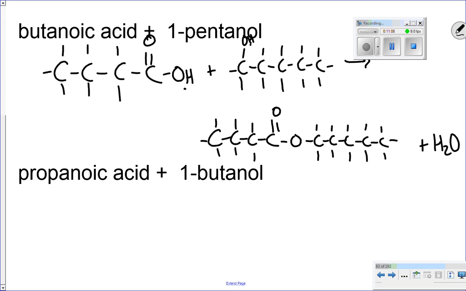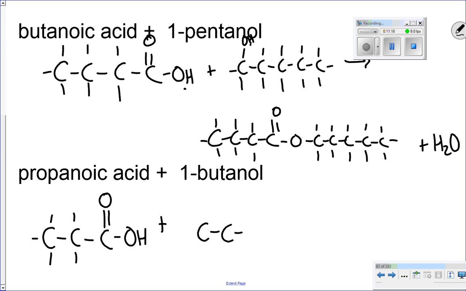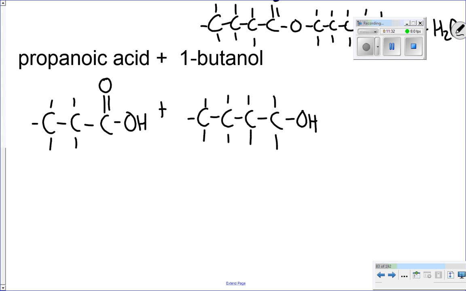Last but not least, we have propanoic acid. And 1 butanol. And you could really choose to show that OH group elsewhere. For example, if you wanted to show it here or here, as long as it's on an end carbon, it doesn't really make any difference. It just has to be on that first carbon on the molecule.